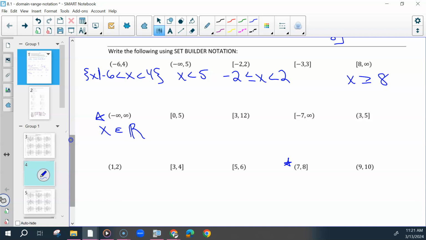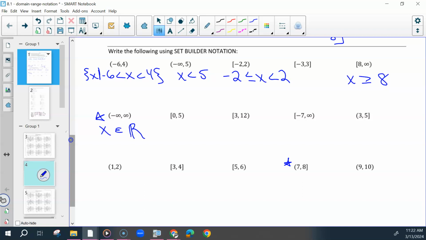This is the same thing as this. It just means that all numbers that you know, decimal fractions, negatives, positives, everything in between, is part of this. Starts at -infinity and goes to infinity, everything in between. So anytime you see something like that, write that.